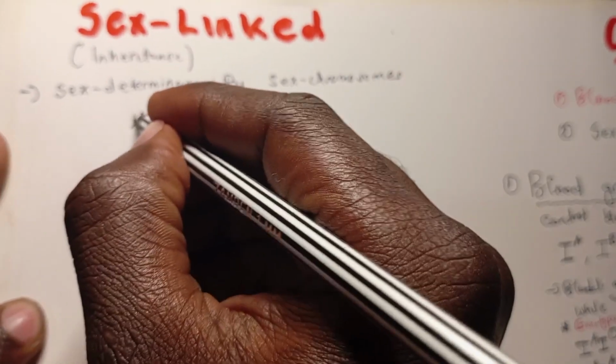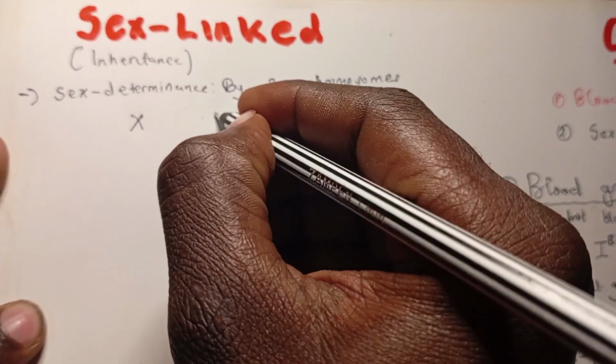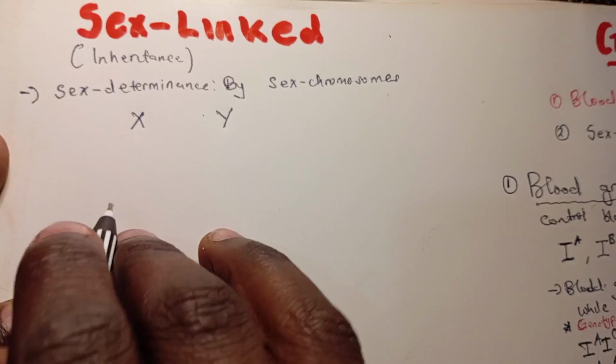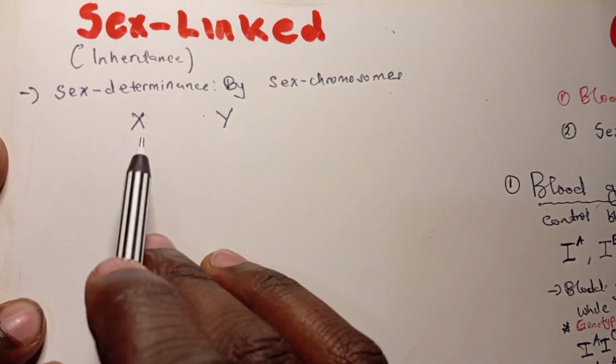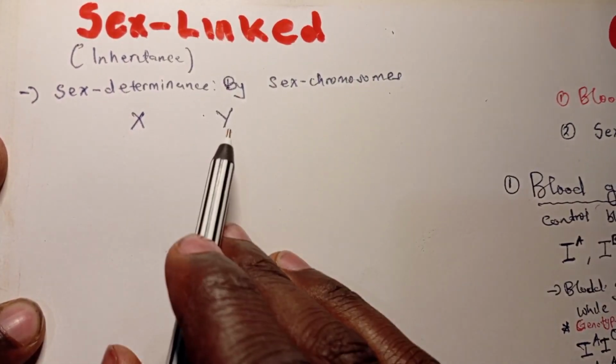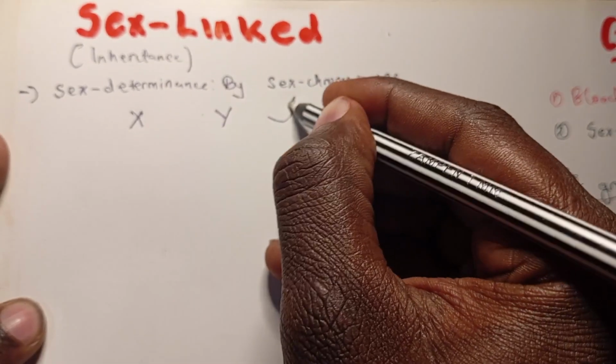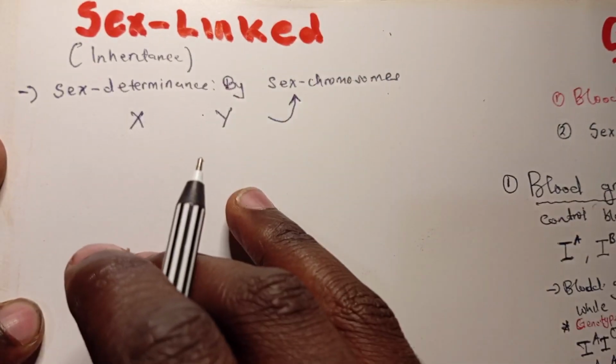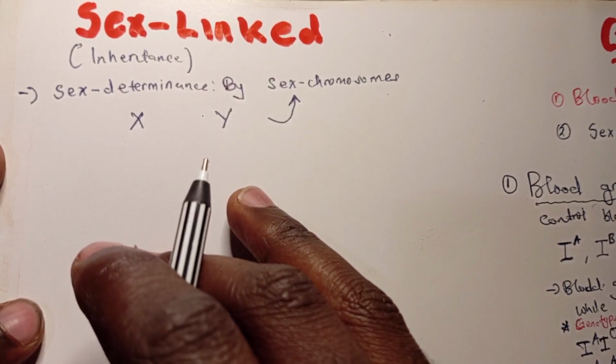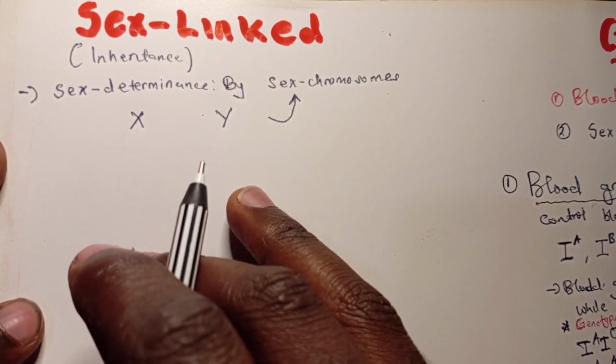You have the X chromosome as well as the Y chromosome. Together, we call these the sex chromosomes. There are 46 chromosomes, and these are in pairs.